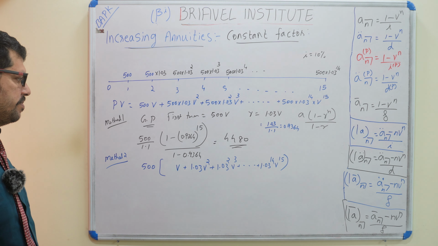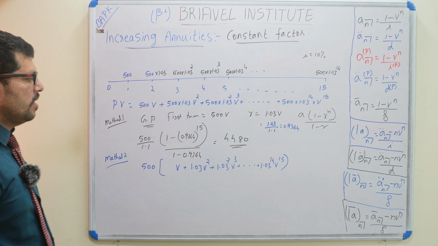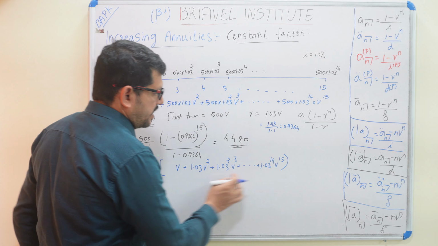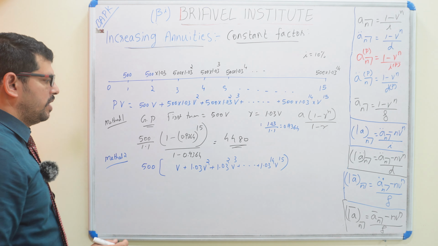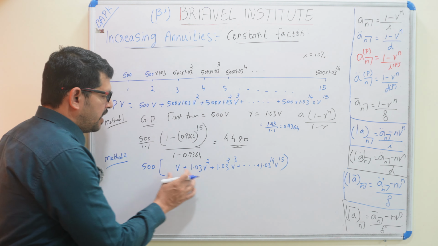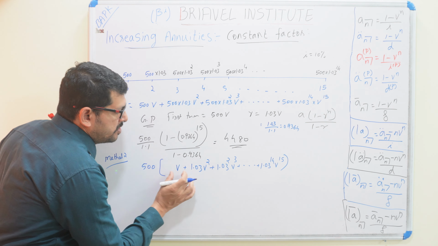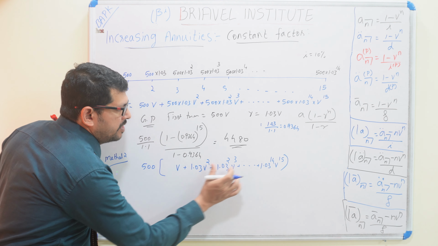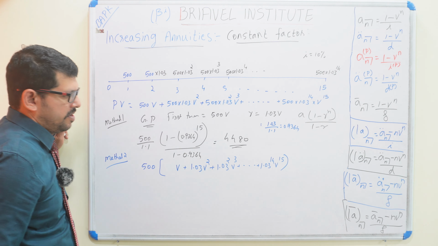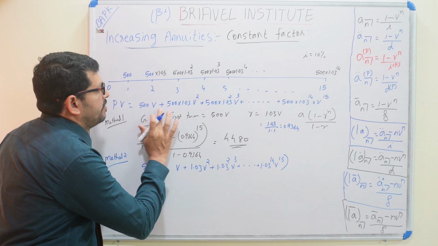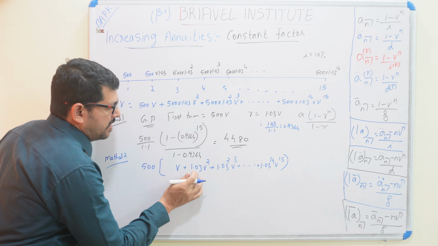500 I taken out. So this we cannot convert to any other formula. Now I am just multiplying with the 1.03 in all terms, because here 1.03, here only v square.